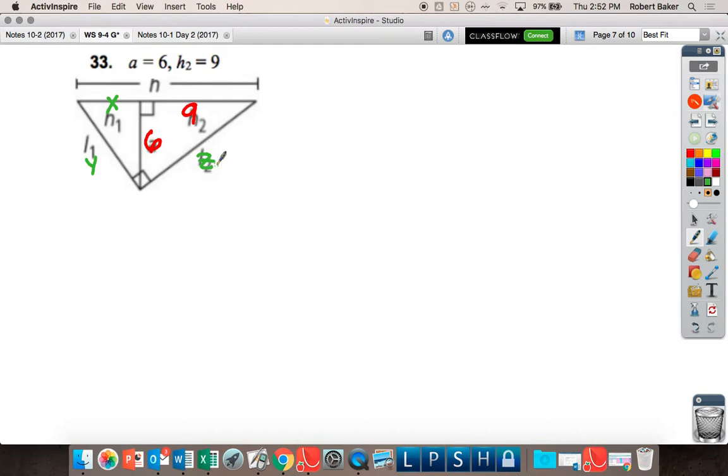So there's 2 ways to approach this. Set up all your proportions and see what you can solve, or set up the proportion you can solve.